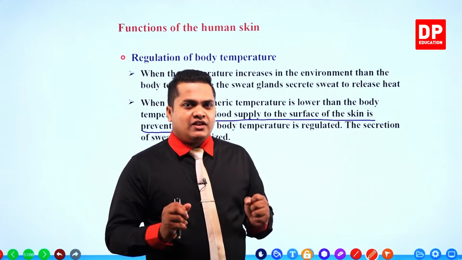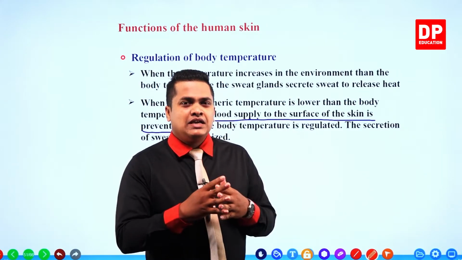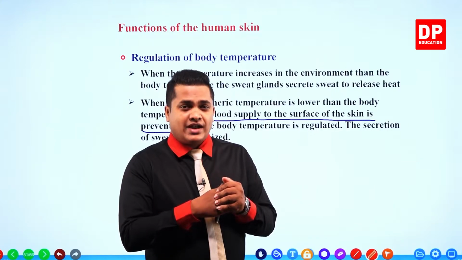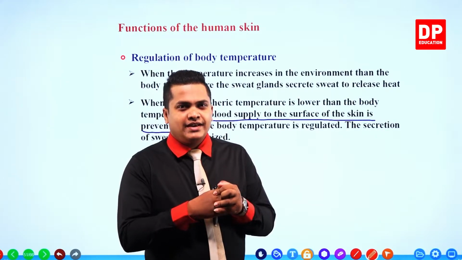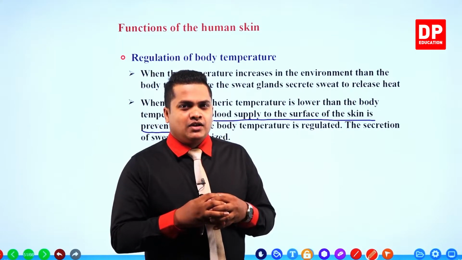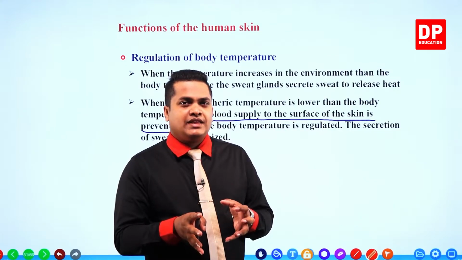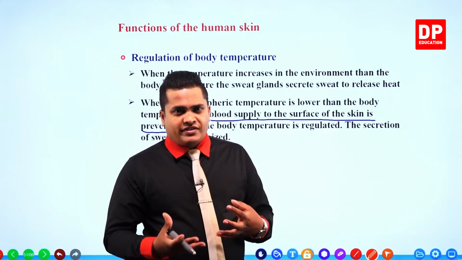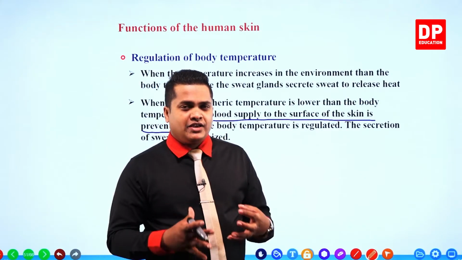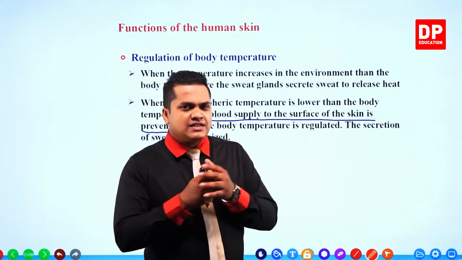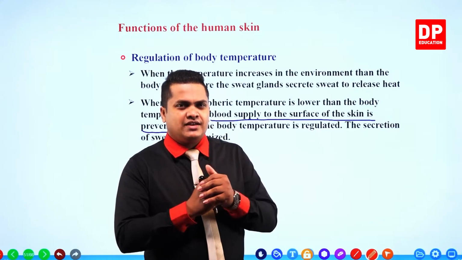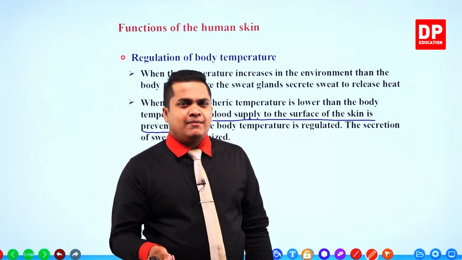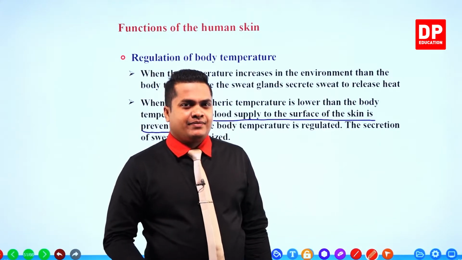So, that's why when you feel like your hands are being dried out during the cold season, or when there is low temperature in the environment, you feel some kind of dryness in your skin. It's because the blood supply to the skin is minimized at that time.